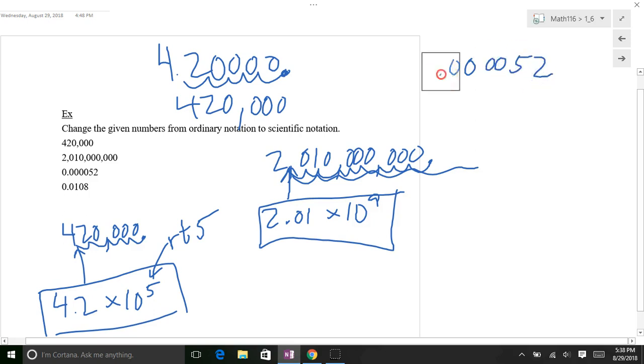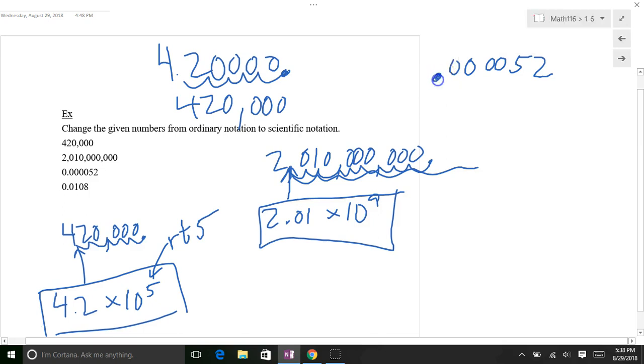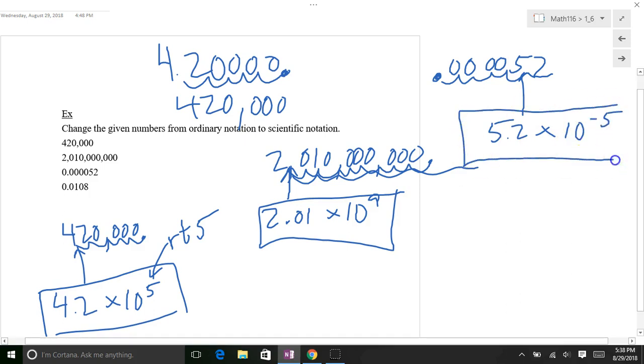0.000052. Notice there's the decimal right there. We want to put it between the 5 and the 2, so it's 5.2. How many times are you going to move it? 1, 2, 3, 4, 5. Now notice we went the other way, so it's going to be negative 5. To check this, move it left 5.